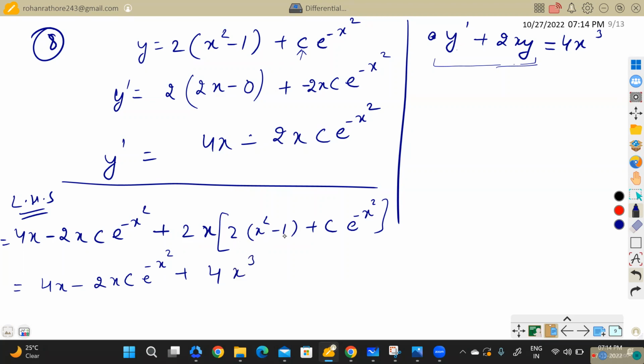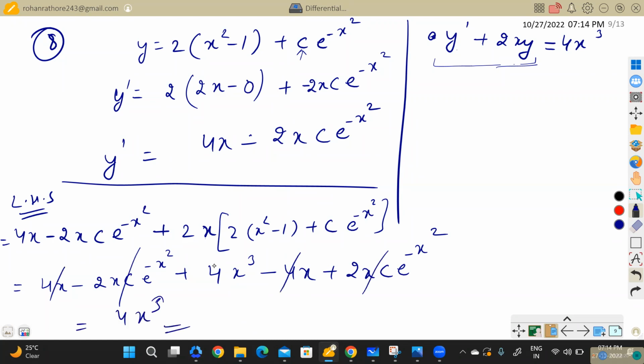And when we get minus 2, we'll get minus 4x, and 2x times this is 2x c e raised to the power minus x square. So everything will get cancelled out except for 4x to the power 3, just 4x cube.